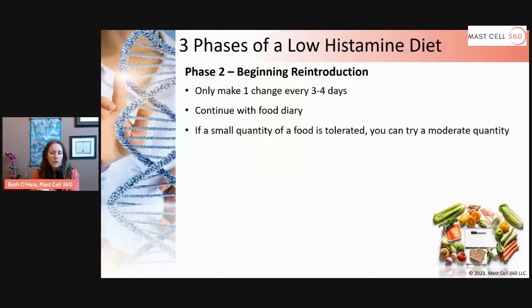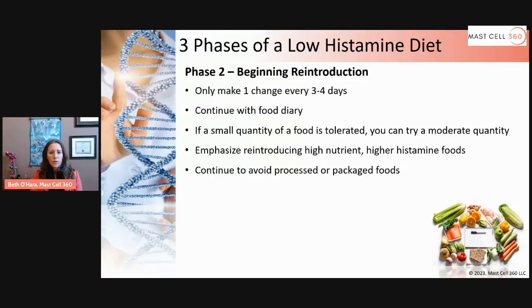Then you double it and go to about 4 to 6 bites, wait 3 or 4 days, then you do a full serving. And you're going to work on the nutrient-dense high histamine foods. So we're not jumping into a candy bar or something like this. We're going to go into something that you missed, but it's nutrient-dense, like strawberries, for example.